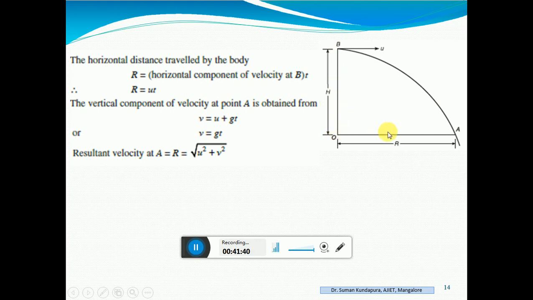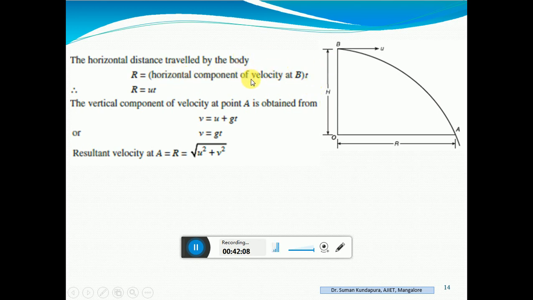Next is the r, that is the horizontal distance. You take the same equation, s is equal to ut plus half gt square, that is horizontal component of velocity at b into t plus half gt square. Along the horizontal direction, g is 0, right? So the second component half gt square becomes 0. So only what remains? ut.